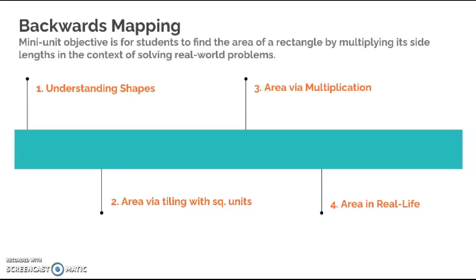So they also needed to understand how square units get added up, and that is equivalent to multiplying the sides of a rectangle and finding the area that way. And then I knew I wanted them to understand the shapes, because after this mini unit, we're going to move into trapezoids. And so I want them to understand the difference between a trapezoid and a rectangle or parallelogram.